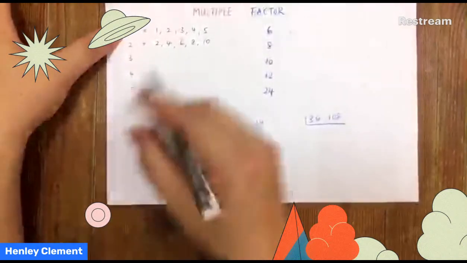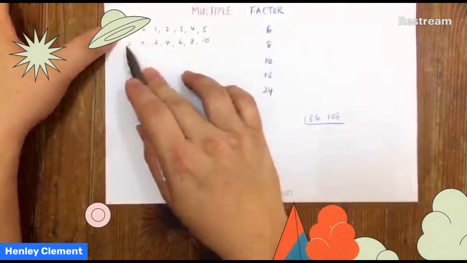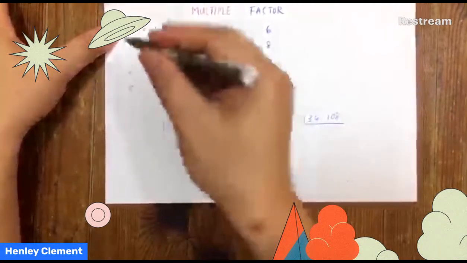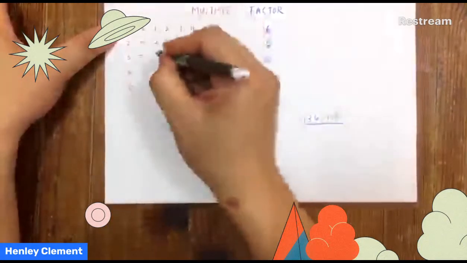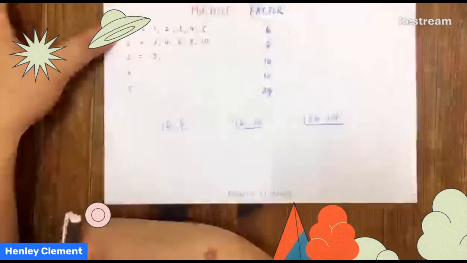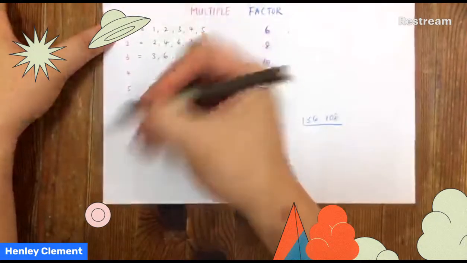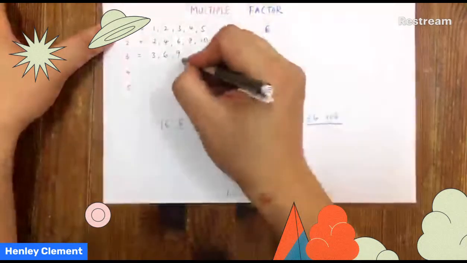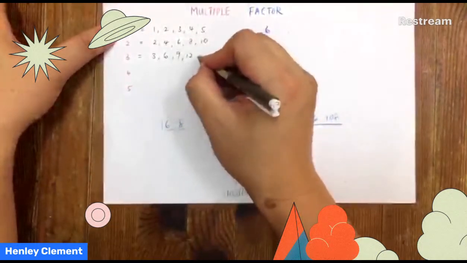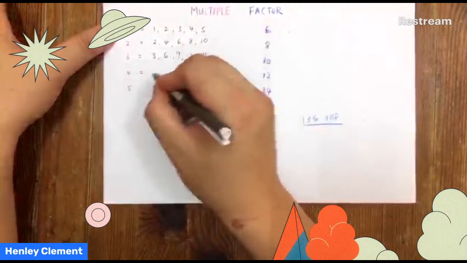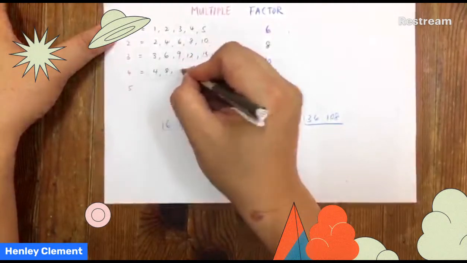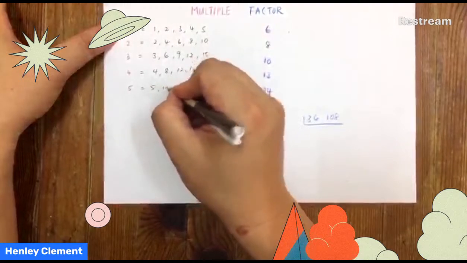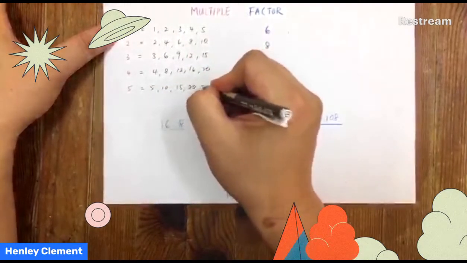This means that this is 2 times 1, 2 times 2, 2 times 3, 2 times 4, 2 times 5. If I have 3 times 1, 3. 3 times 2, 6. 3 times 3, 9. 3 times 4, 12. 3 times 5, 15. 4 times 1, 4, 8, 12, 16, 20. 5, 10, 15, 20, 25.